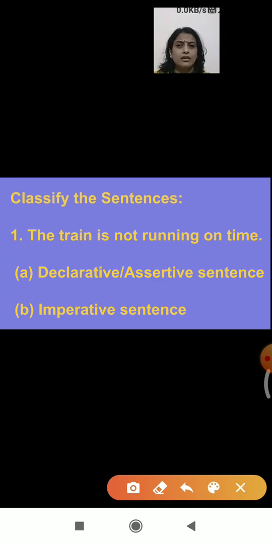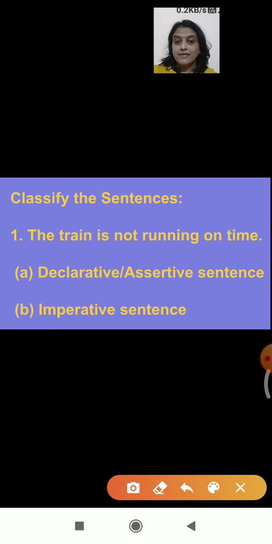What is an imperative sentence? Yes, they express a request. Is it a request, the train is not running on time, or an order? No, right? It is not a request, not an order, and it's not an advice or a command also. It is giving some information.